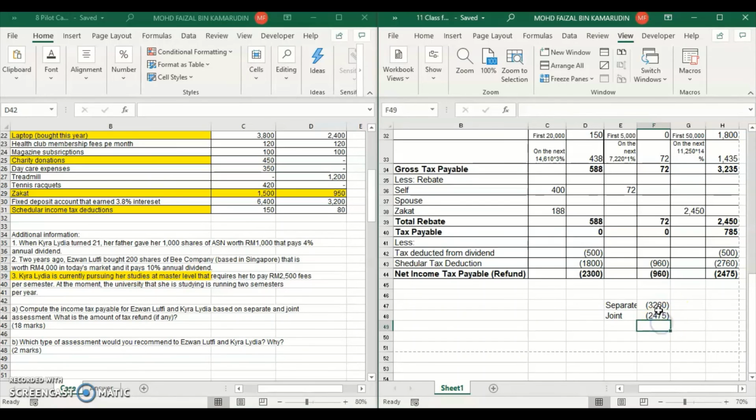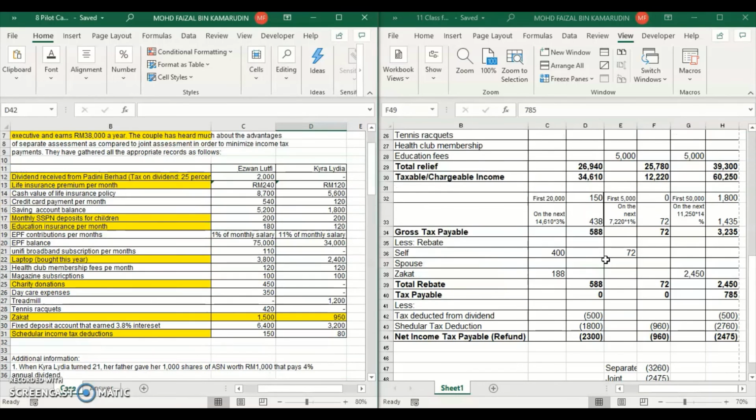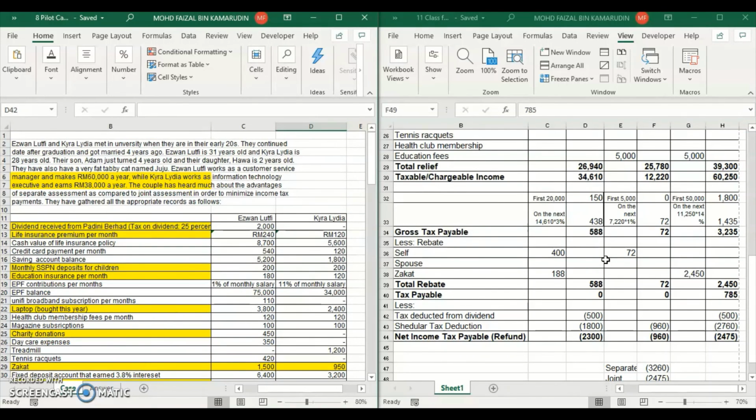So the difference is about 785. So I would say it is better for S1 and Kyra to lodge their taxation assessments separately. Now let's go back to the pilot case, the case that has been given to us.